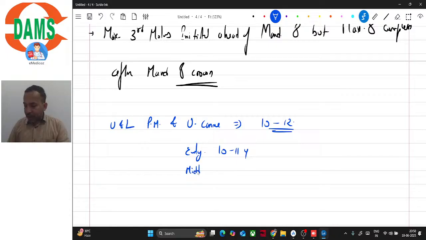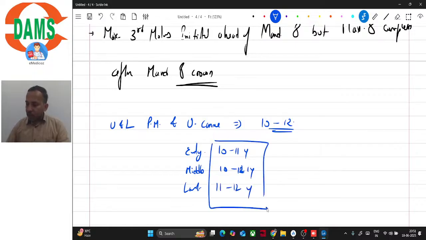The teeth that erupt in the middle, you can say they erupt at about 10 to 12 years. And the teeth that are coming last will erupt at about 11 to 12 years. So this is the range, right?